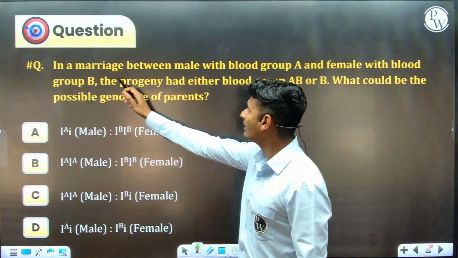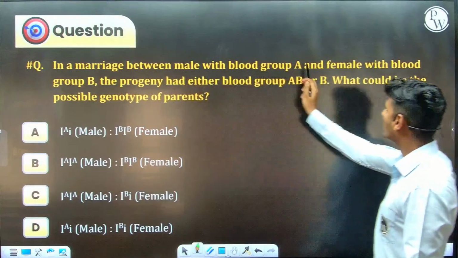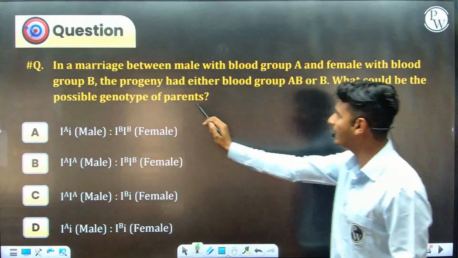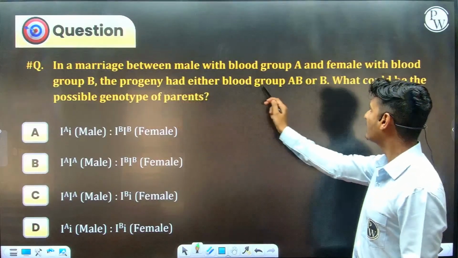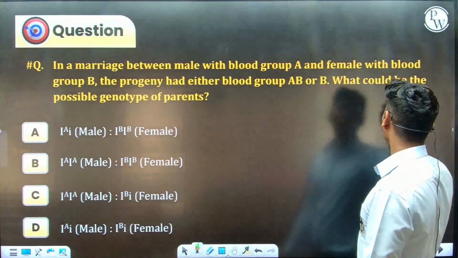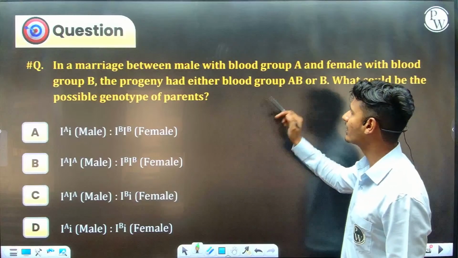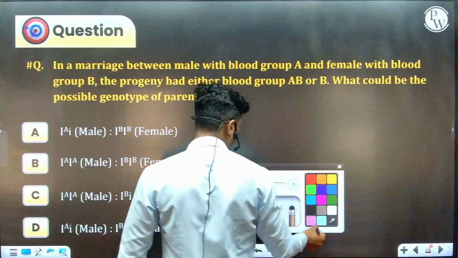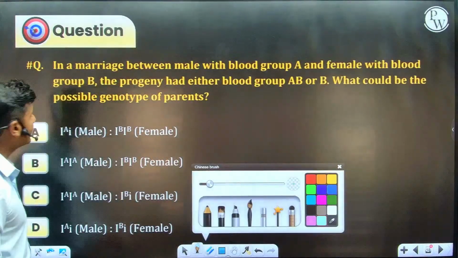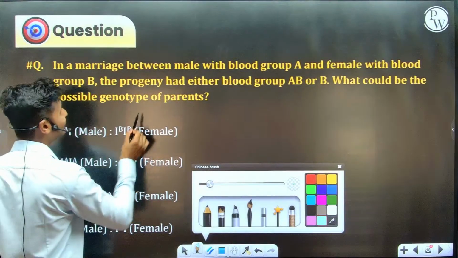If in a marriage between a male with blood group A and a female with blood group B, the progeny had either blood group AB or B, what could be the possible genotype of the parents? Very crucial and important question to understand the topic.